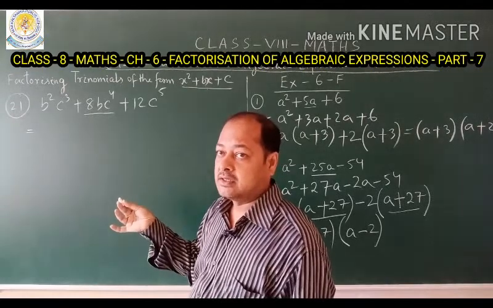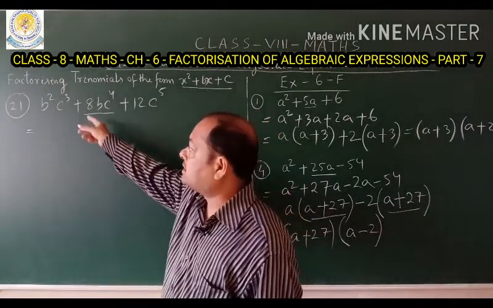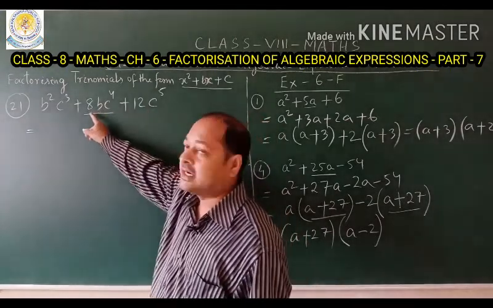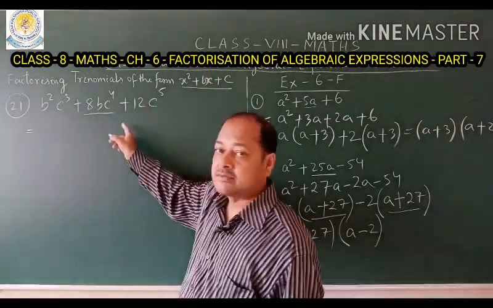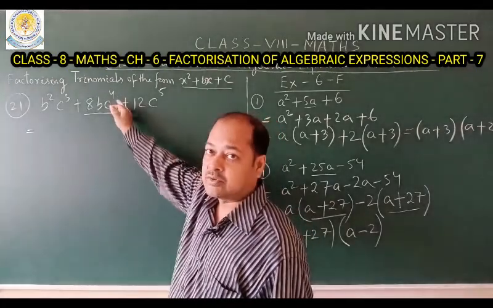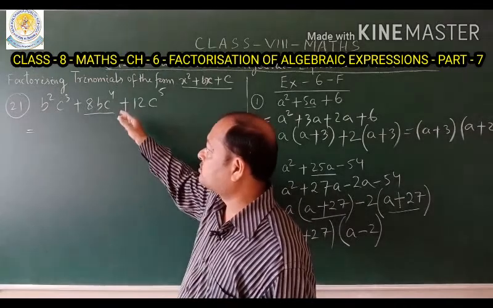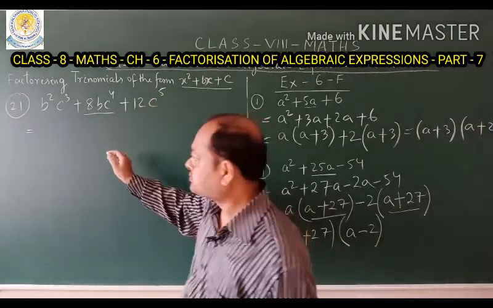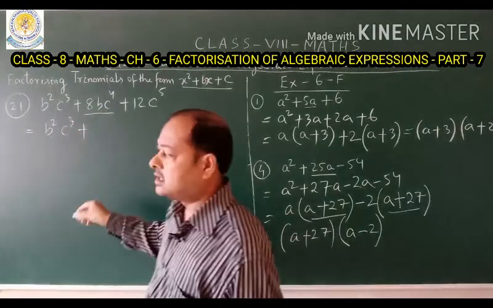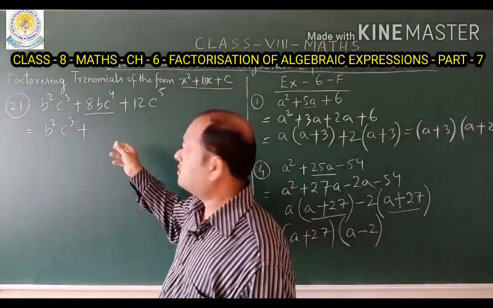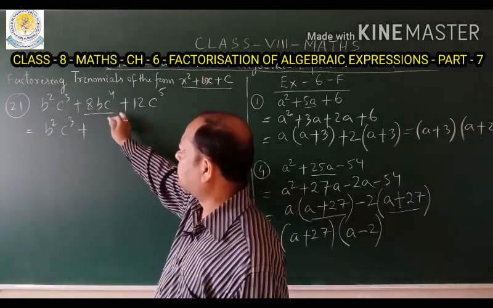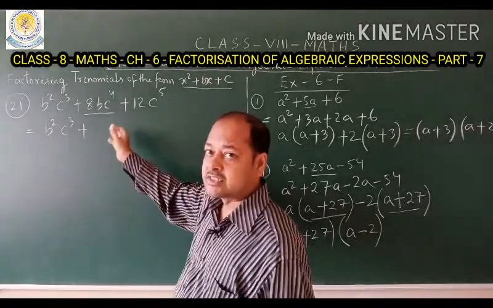So how to break? If you multiply the two terms, you will get 12, and if you add, you will get 8. So which terms? Two terms are there. If you add, you will get bc to the power 4. If you multiply, you will get b square c to the power 8. If you take 4 and 4, that is 8, but 4 into 4 is 16.